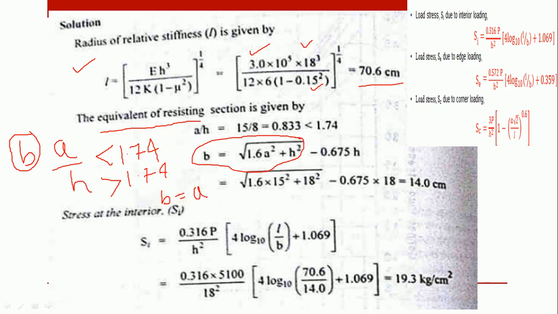Since in this problem the A by H value is 0.833, it is less than 1.74, therefore the equivalent resisting section is calculated using this formula: B equals root of 1.6 A square plus H square minus 0.75. This is the equation we have.